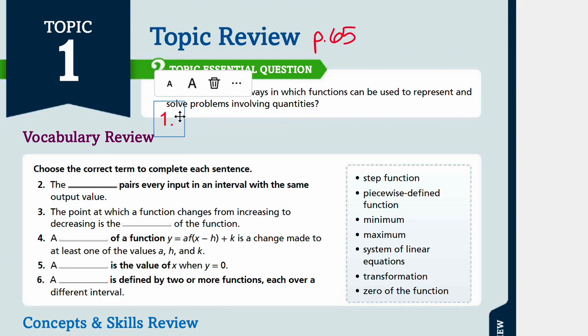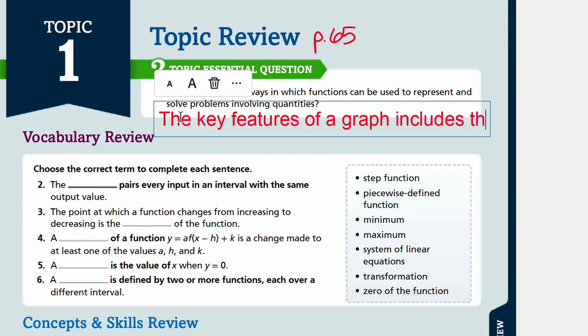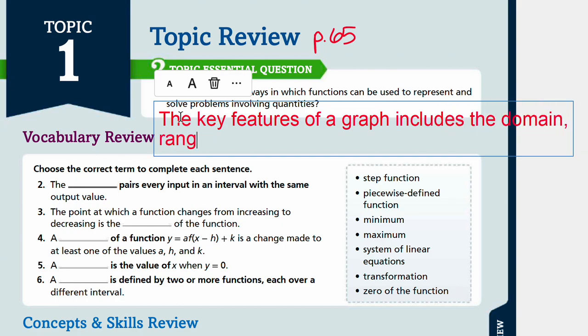Okay, so let's start with the key features of a graph. The key features of a graph include the domain, range, and intercepts, x and y intercepts.